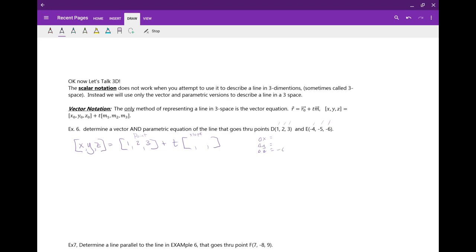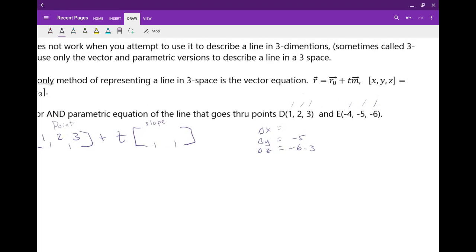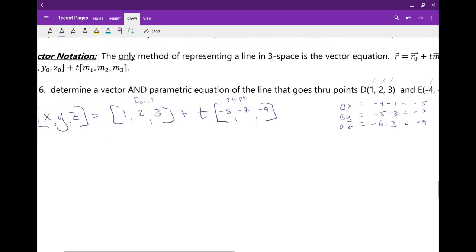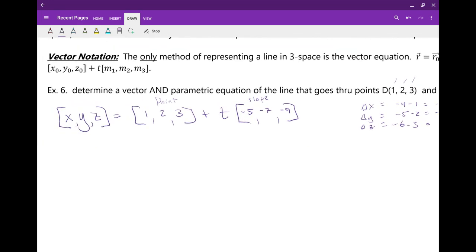And so I'm going to do negative 6 minus 3, negative 5 minus 2, and negative 4 minus 1. And so I'm getting negative 9, negative 7, and negative 5. Looks like our slope is negative 5, negative 7, negative 9, right? And that's going to be the slope of our line, right?